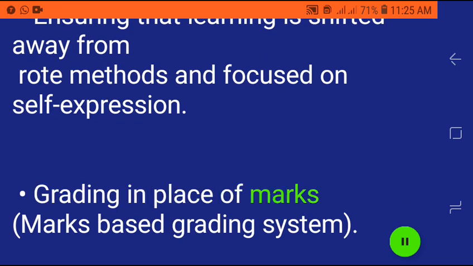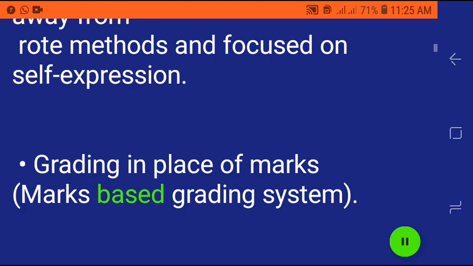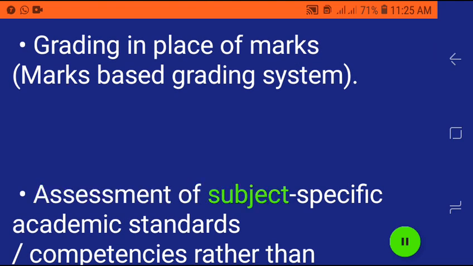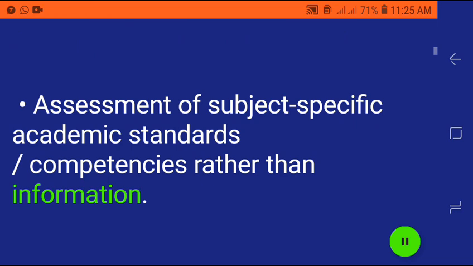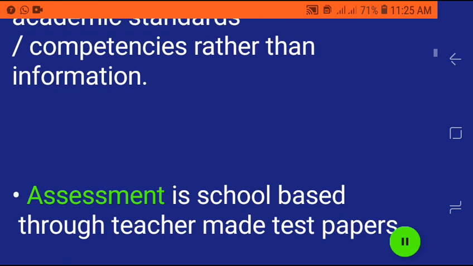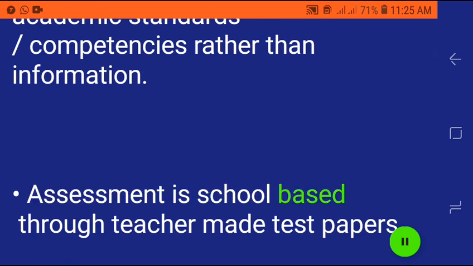Grading in place of marks. Marks-based grading system. Assessment of subject-specific academic standards. Competencies rather than information. Assessment is school-based.